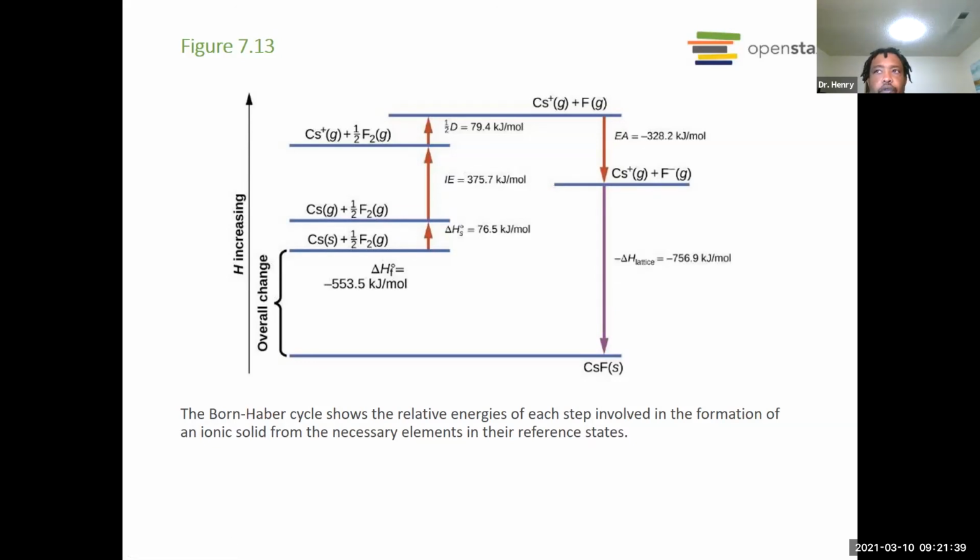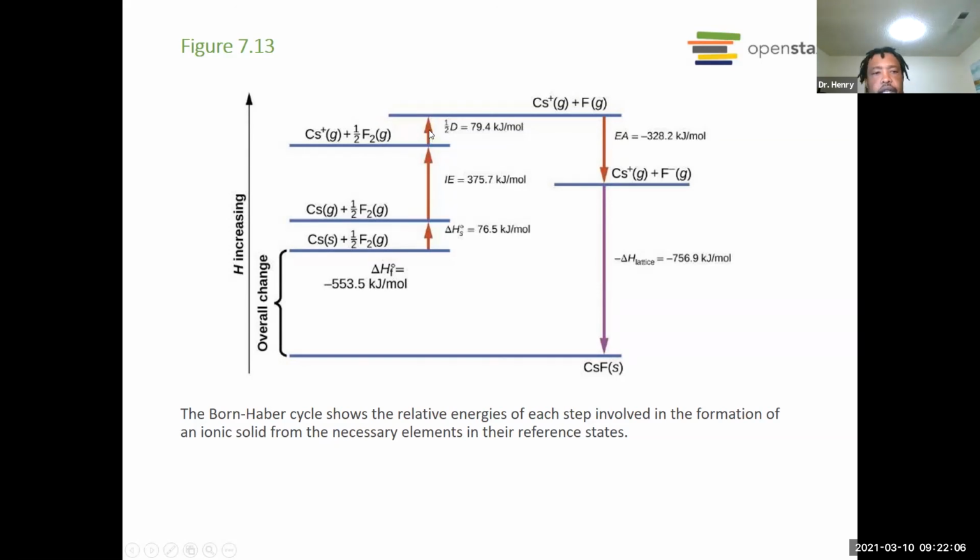So basically one guy is giving up an electron, and cesium is going to be giving up an electron to induce fluorine to become an ion. And then here is the energy associated with dissociation. So you're getting fluorine to break apart.